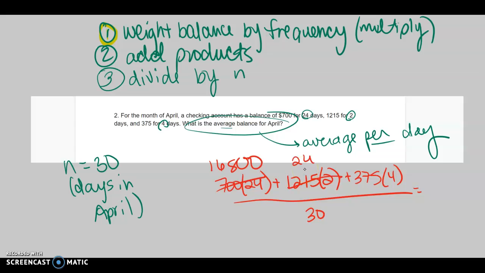This is 2430. And this is 1,500. So add all those together. Get 20,000 and change. And I divided by 30 and I got $691. So that's the average per day. On average, the average balance per day in April was $691.